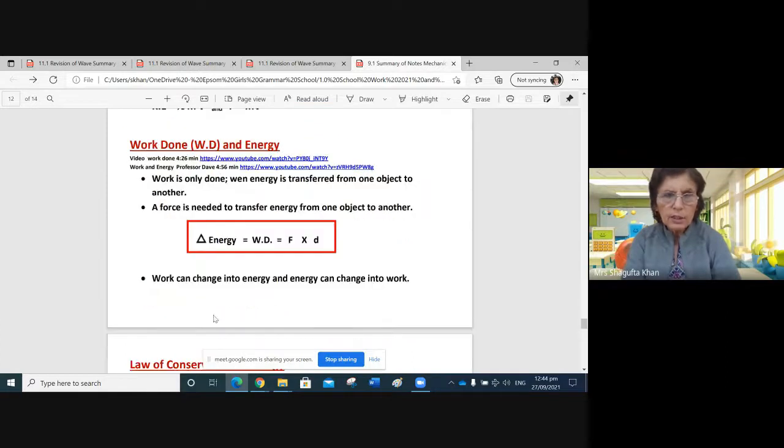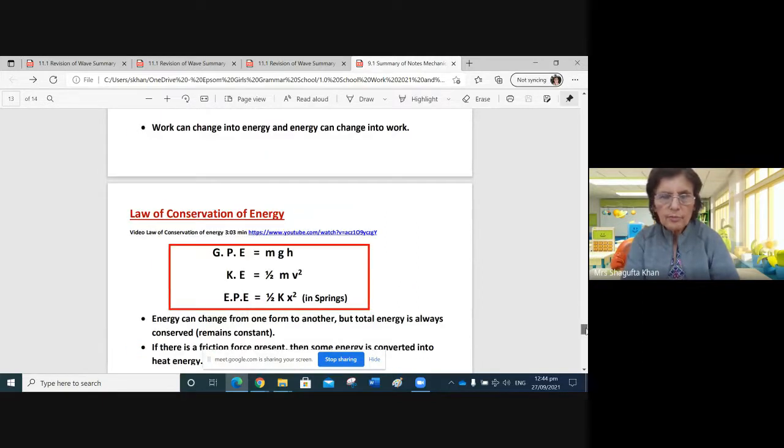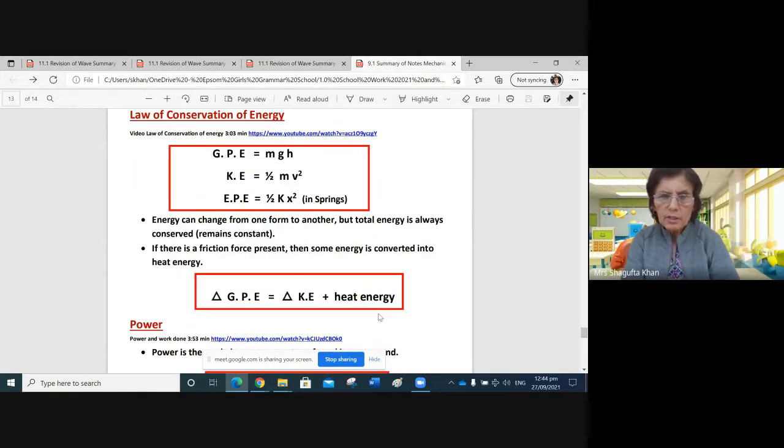Now, work done is force times distance, but only when the force is constant, not when the force is changing. And work done changes into energy, and energy can change into work done. There is gravitational potential energy, that's for the kinetic energy, and that's for the elastic potential energy. And energy is conserved.